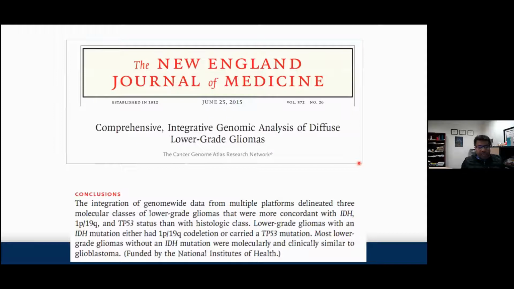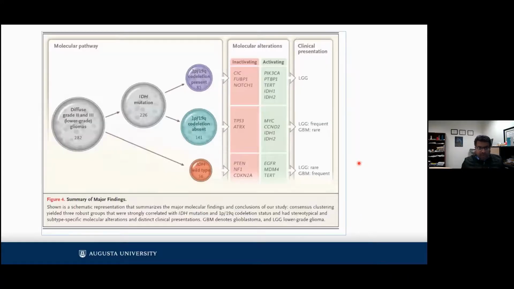But there was a paradigm shift in the understanding of these low-grade gliomas, especially based on the TCGA analysis in 2015. What we were able to identify is that for the diffuse low-grade glioma, especially grade 2 and 3, we really need to look at the molecular analysis, especially the IDH1 mutation as well as 1p19q deletion.